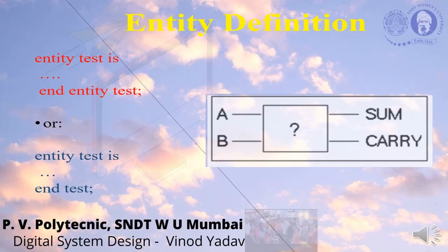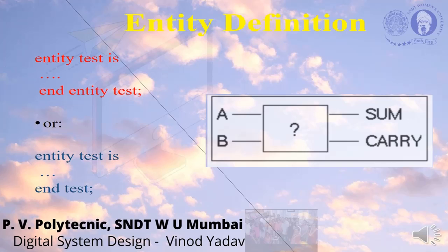You can put any other name there. In between the dotted lines we define the things like the port values A, B, sum, carry, and after that we end the entity by writing end entity and the name of the model. This is the way we end it.